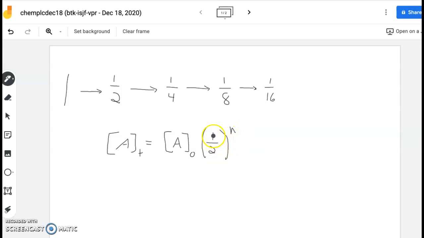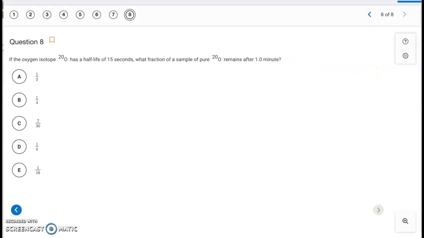So in this case, it'd be 1/2 to the 4th, so that would also give us 1/16. Okay, so after the 4 half-lives, we have 1/16. So now we can go back to our choices, and that's letter E, 1/16. All right, that's the answer there. And that's the end of that quiz, so have a good day.